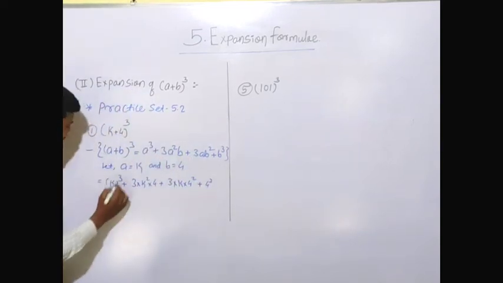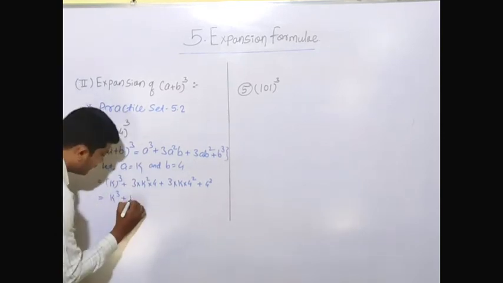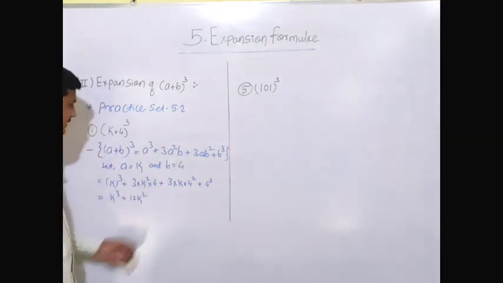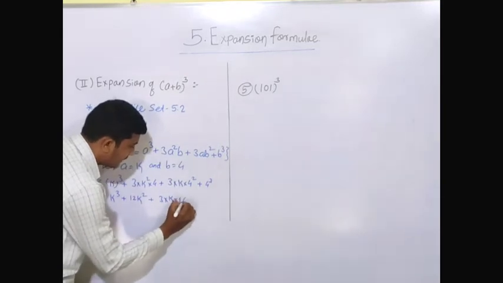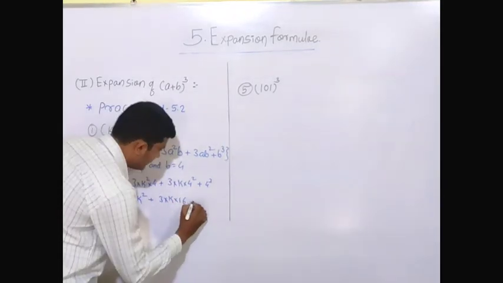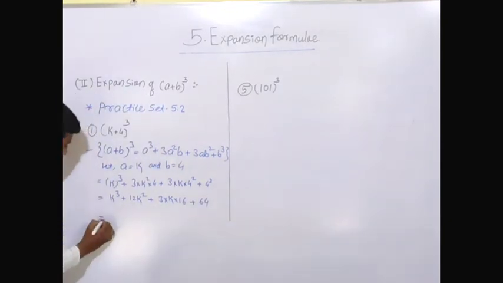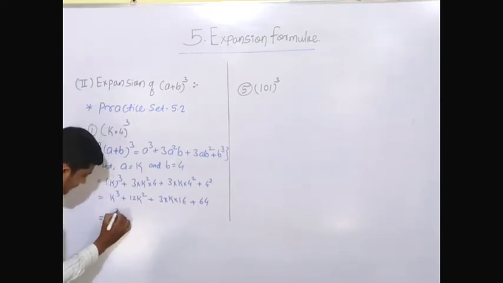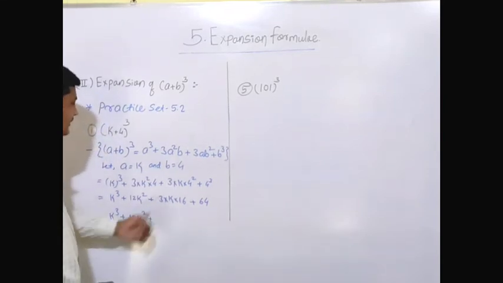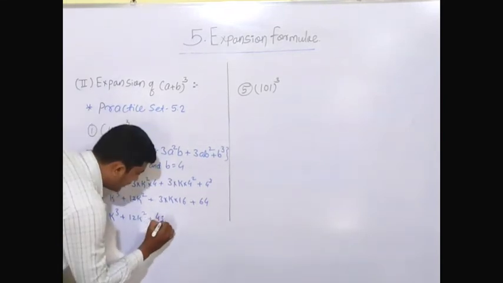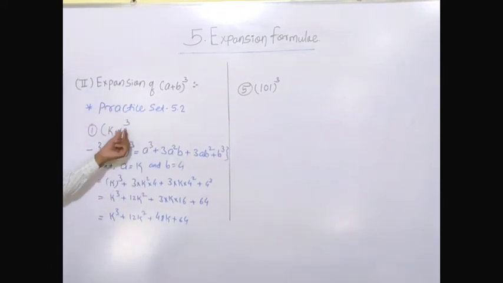Here k cube is simply k cube, plus 3 fours are 12, so 12k square, plus 3 into k into 16 is 48k, plus 4 cube is 64. So k cube plus 12k square plus 48k plus 64. This is the expansion of (k + 4) whole cube.